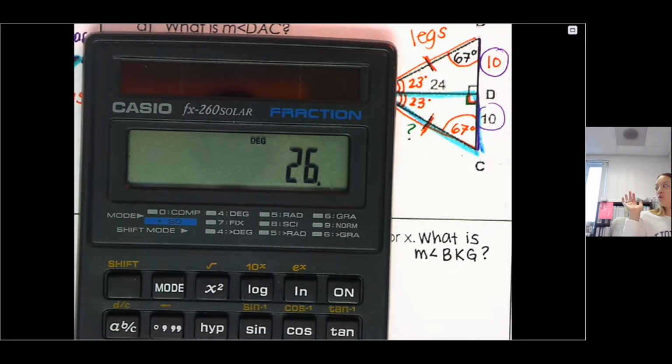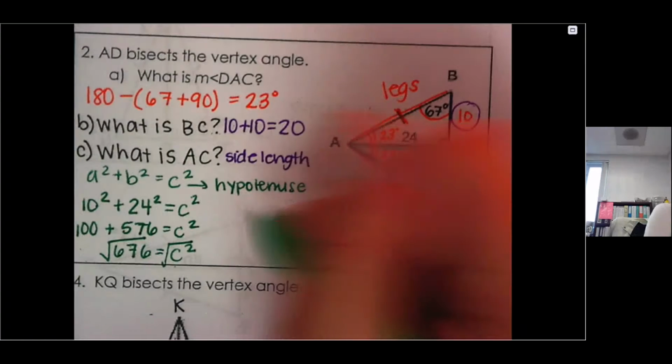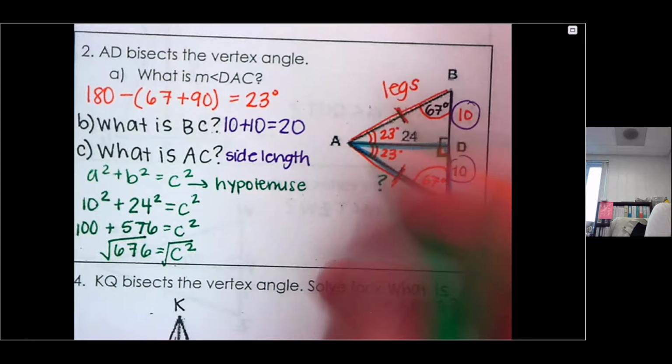You'll get 26. So push them one at a time. Yep, perfect. Good. Everybody get 26? Yay! So your last side right here, AC, is 26.